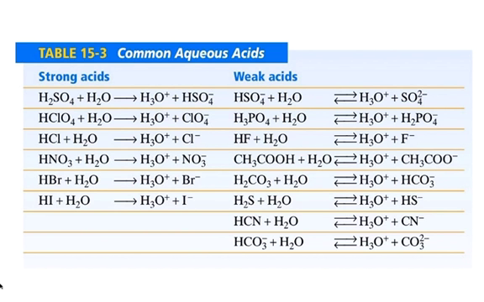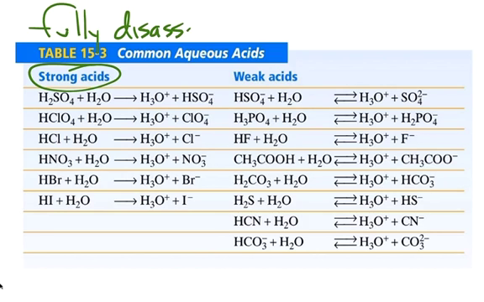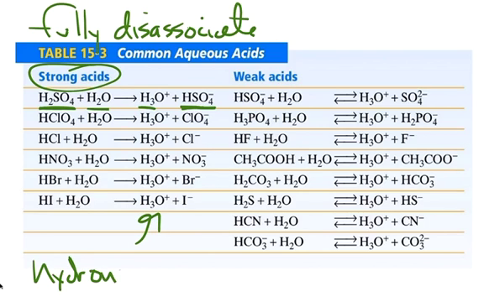So I said we'd talk a little bit about the strength of our acids and bases. A strong acid is something that fully dissociates. What do I mean by that? I mean, when we put sulfuric acid in water, the sulfuric acid loses its hydrogen ion, actually loses it to water. It ionizes the water to form something that's called hydronium, which is very important.